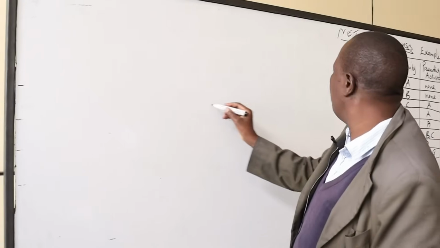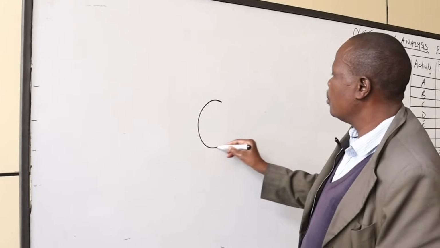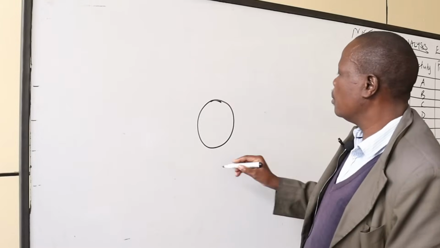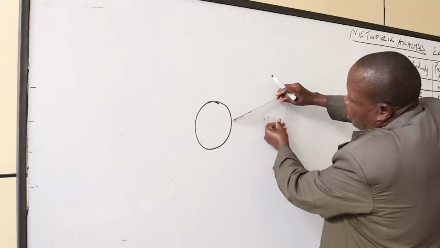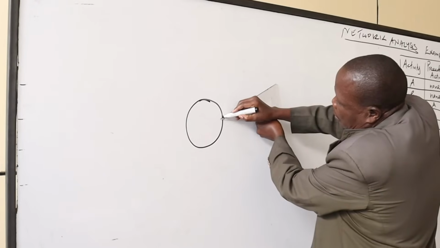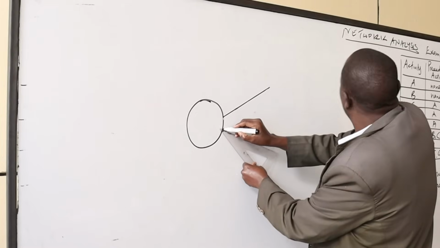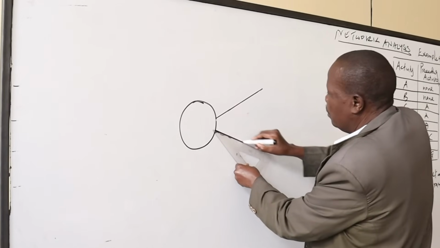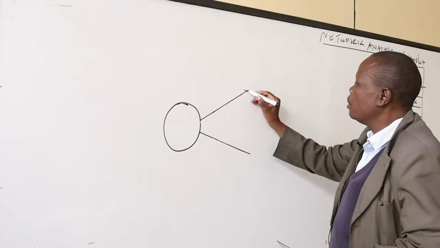There must be one entry point. That is A. B. So the arrows must be indicated.